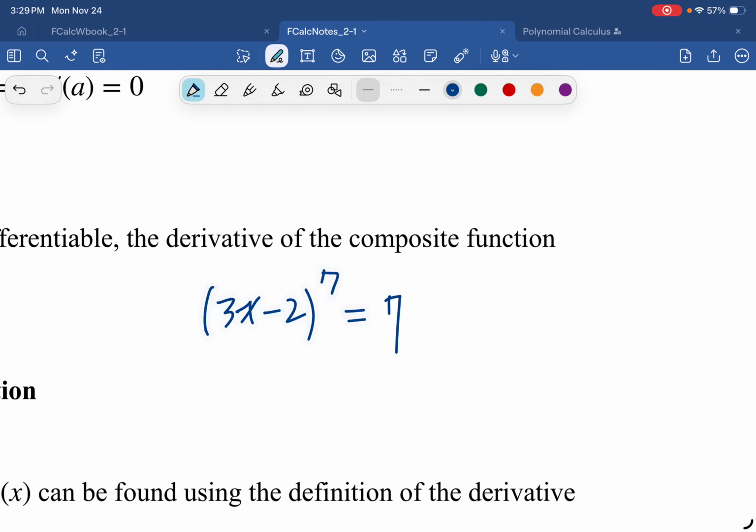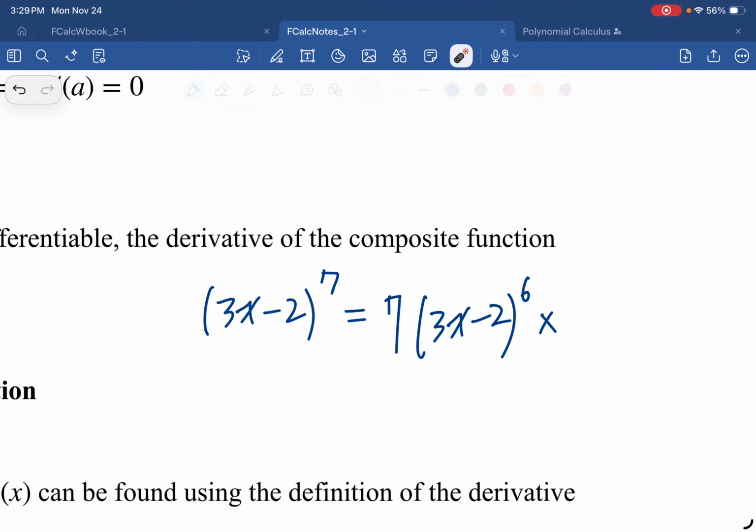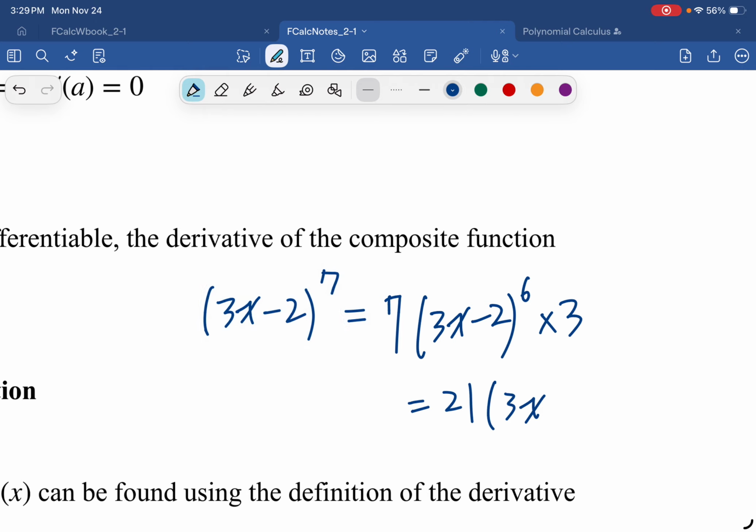So the power goes down and it subtracts by 1. But we also have to multiply that by the derivative of the inner function, in this case 3, right? So we would get 21 times 3x minus 2 to the power of 6 as our answer.